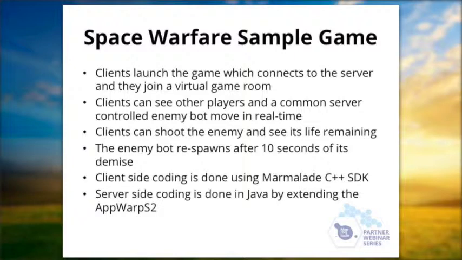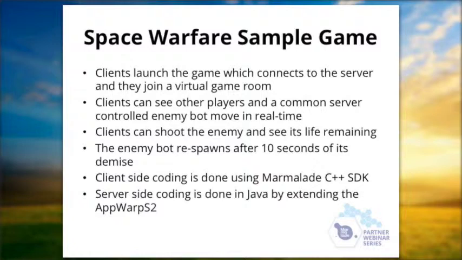The gameplay is fairly simple in this demo application. The clients connect to the server and join the same virtual room. The clients then see the server-generated dragon move around the screen and they have to shoot it. They can also see other clients that are connected on their screen and see them move in real time.